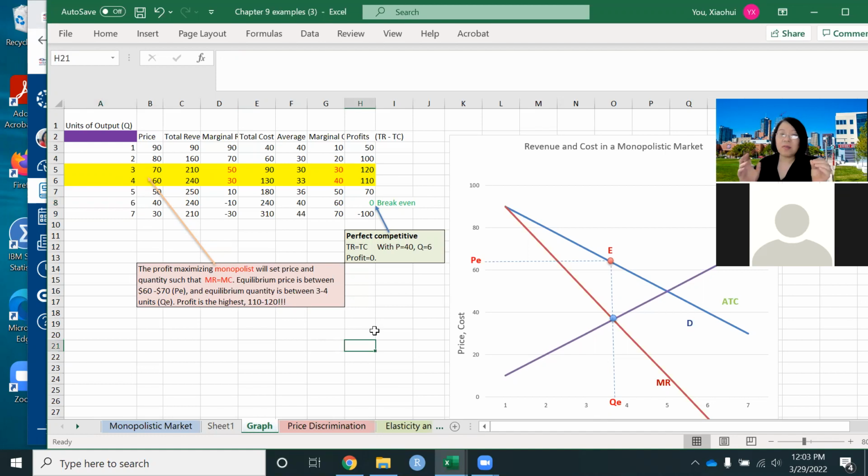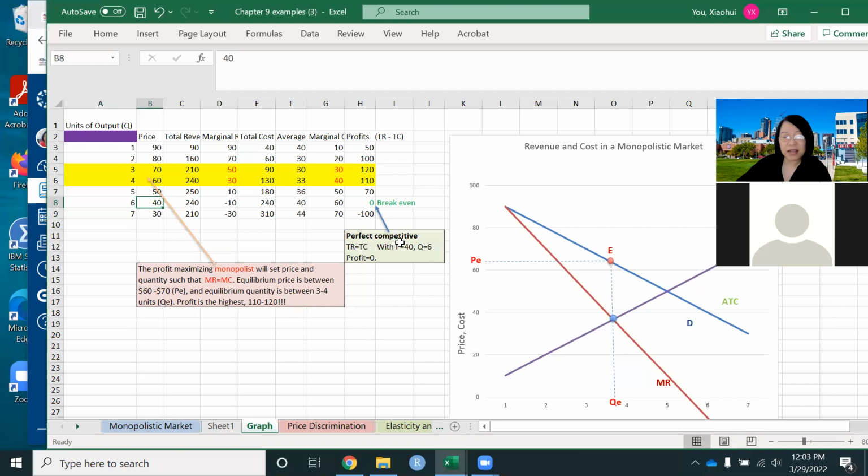Then this is the comparison. For perfect competitive, they earn 0 profit. But for the monopolistic, they earn 110 to 120. And for perfect competitive, their price is 40. But for monopolistic, that's around 60 to 70.